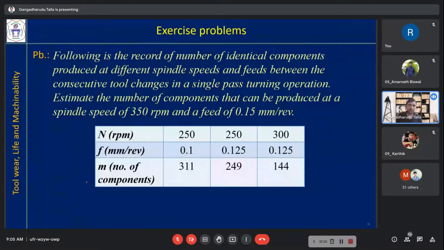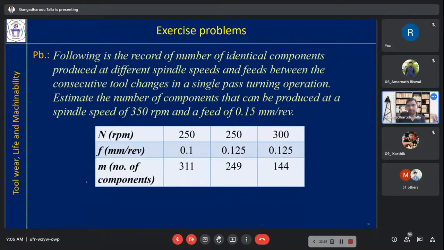So look at the data, N, F and number of components M is given. At 250 RPM and 0.1 feed, for a single tool, we can produce 311 components. 311 components can be produced before the tool fails.